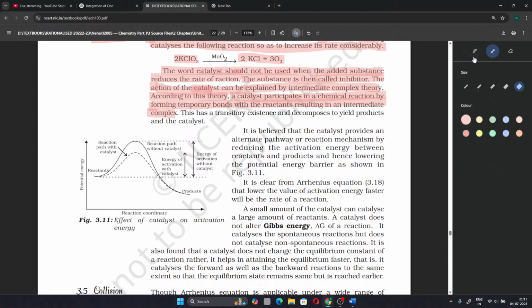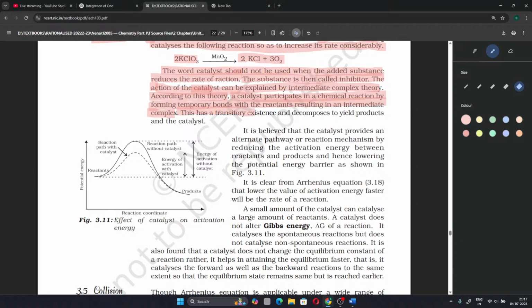Let's read once more. The word catalyst should not be used when the added substance reduces the rate of the reaction. When it is reducing the rate of the reaction, it is called an inhibitor. The action of the catalyst can be explained by intermediate complex theory. According to this theory, a catalyst participates in a chemical reaction by forming temporary bonds with the reactant, resulting in an intermediate complex.